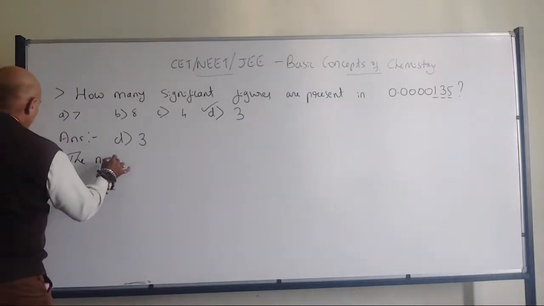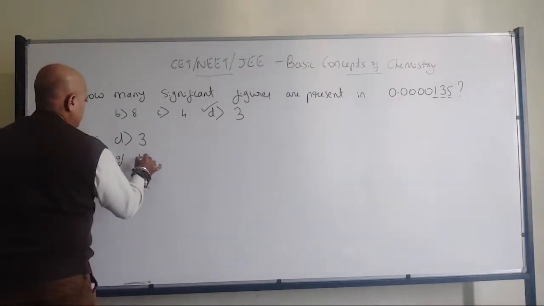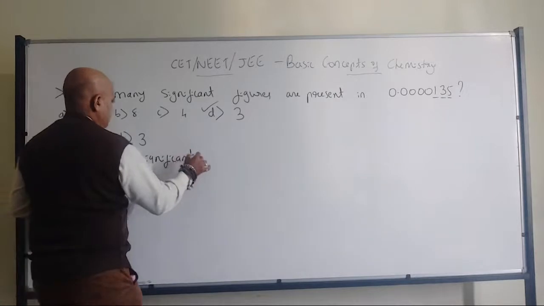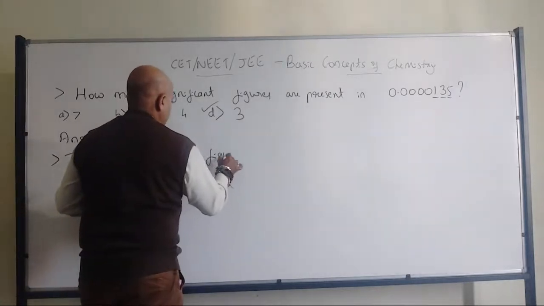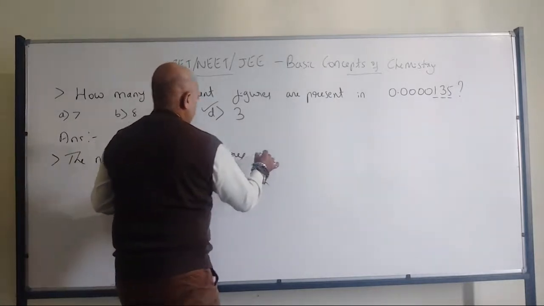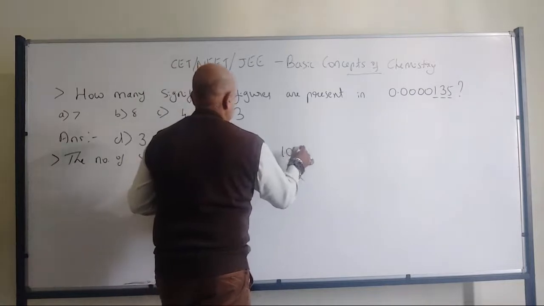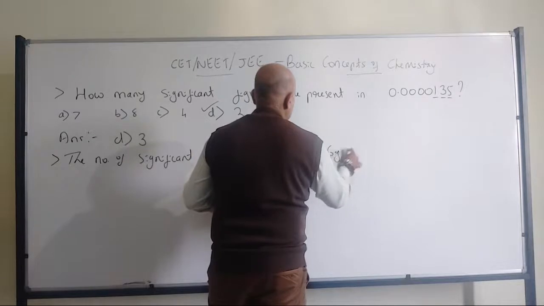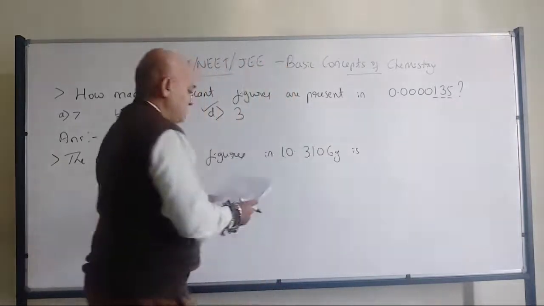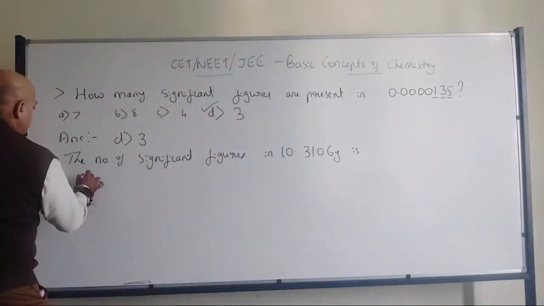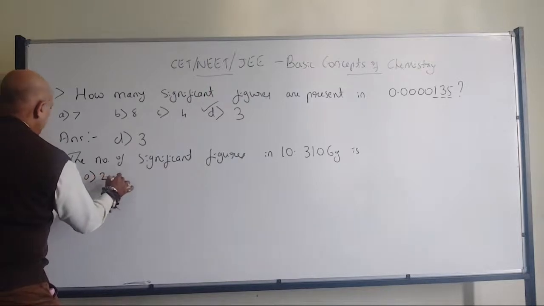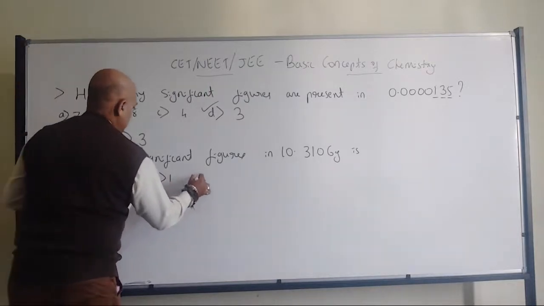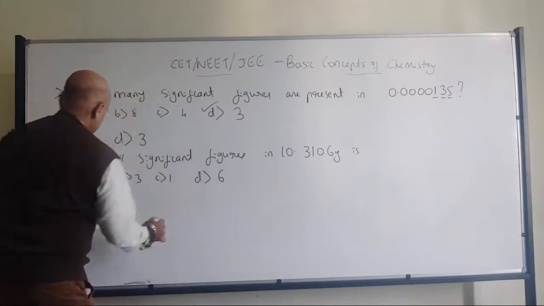Okay. Next one, a similar type of question. The number of significant figures in 10.3106 gram is, and the options are A 2, B 3, C 1 and D 6.